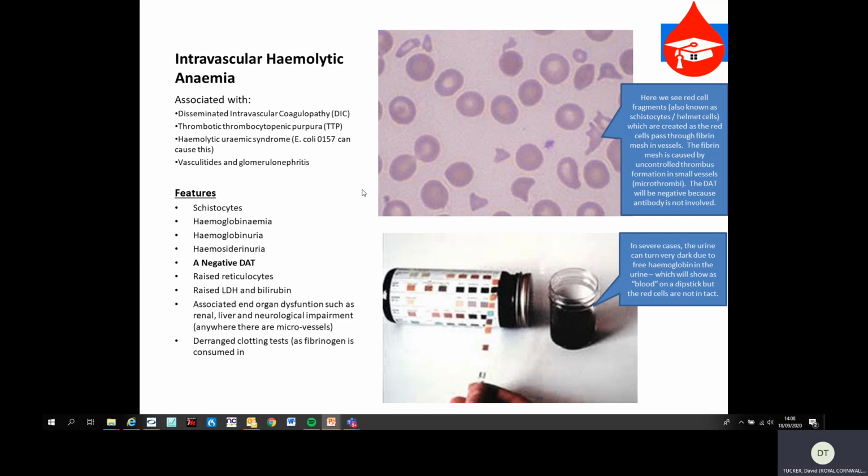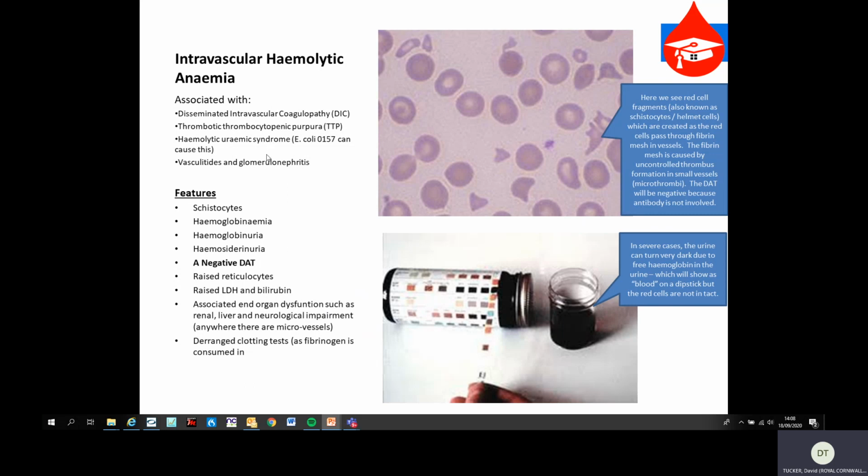So just to briefly, if the patient had a negative DAT, so there was no antibody stuck to the surface, and the blood film showed fragments, these are fragments of red blood cells or schistocytes, then we'd be thinking this is intravascular, that the hemolysis is happening inside the vessels, possibly due to a mesh of fibrin.